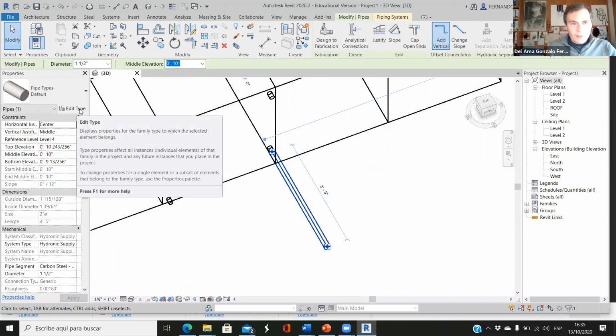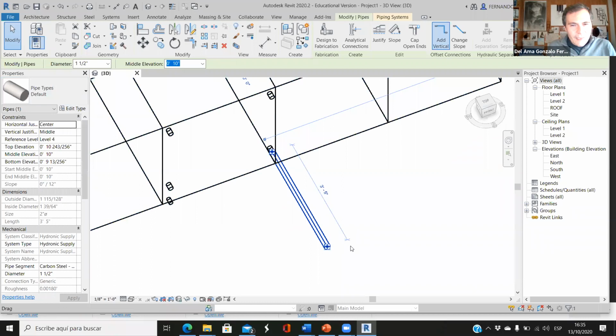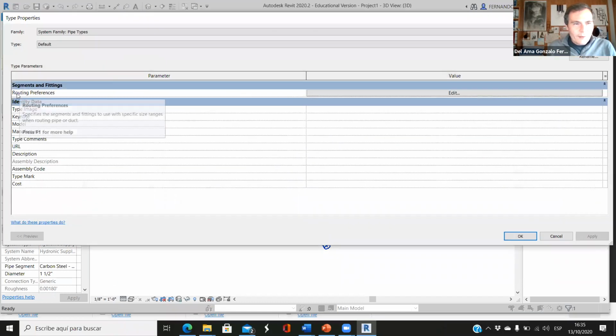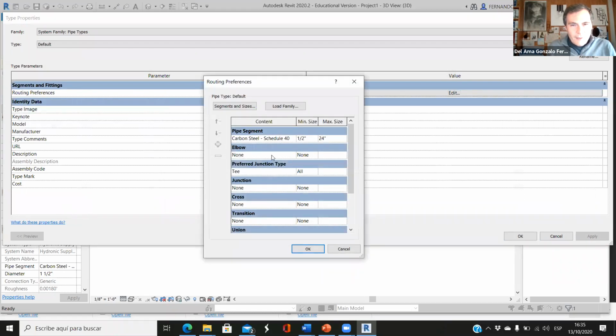Probably in your Revit version, you can draw the pipelines without doing everything I'm doing now, but just in case. So if it doesn't work, then you have to edit pipe. We have to select the routing preferences. And yeah, this is what I was thinking, that we don't have anything here. So we have none, none, none. So we have to change this.